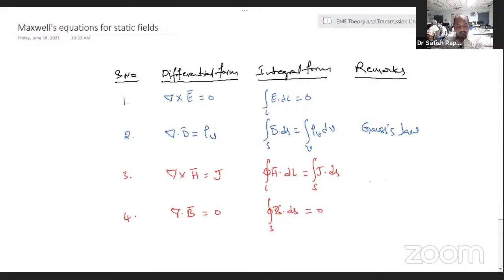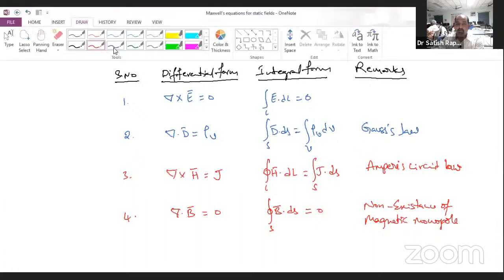And this is Ampere's circuit law, and this one is non-existence of magnetic monopole. Non-existence of magnetic monopole.